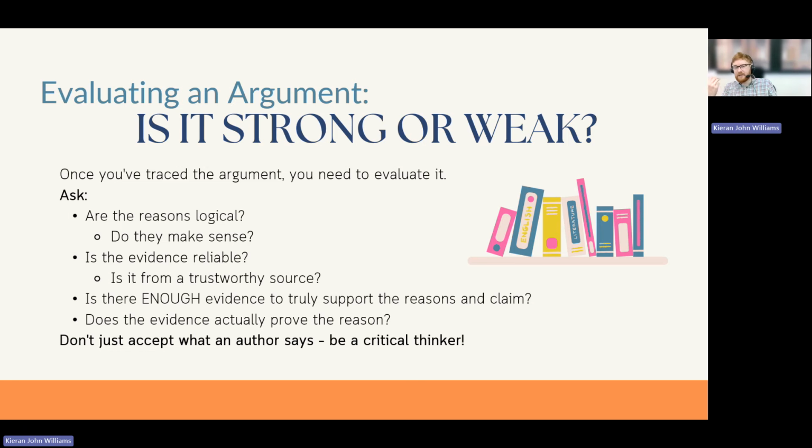And is there enough evidence to fully support the claim, or is it too thin? Also check if the evidence actually proves what the author says it does. Sometimes it doesn't. Remember, we don't just accept an author's ideas automatically. Evaluating arguments helps us become more critical and independent thinkers.